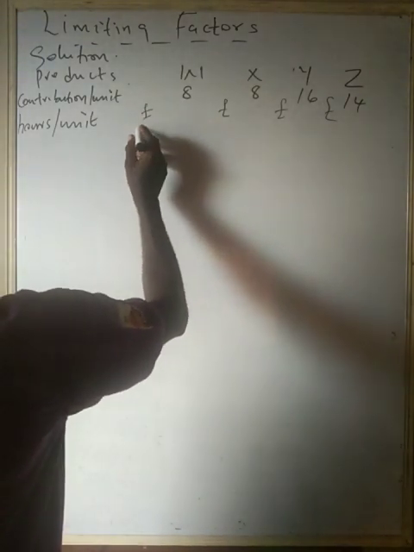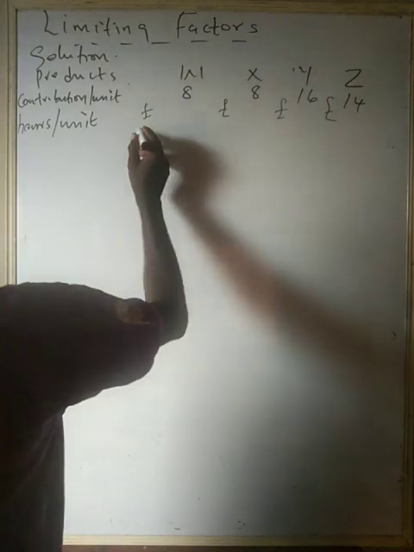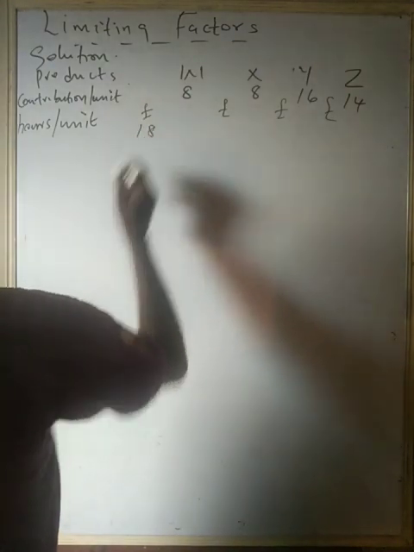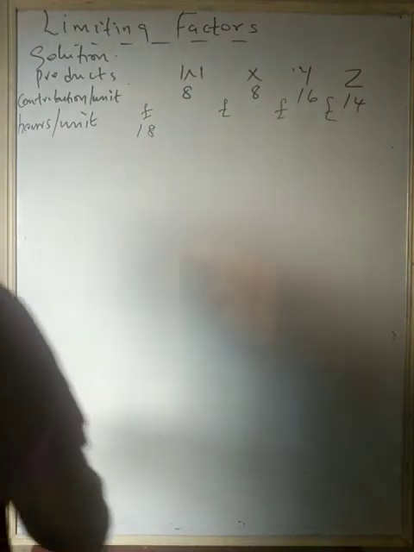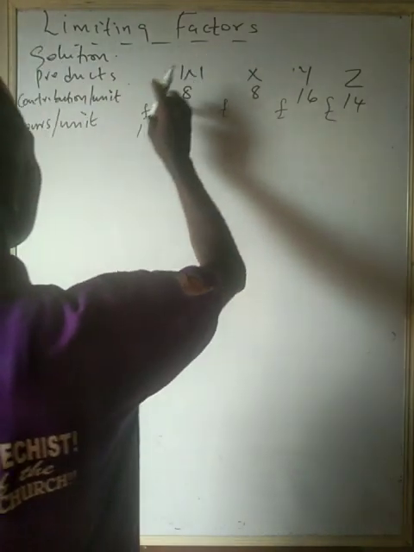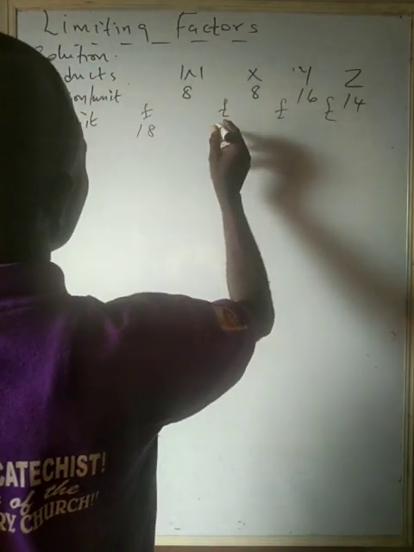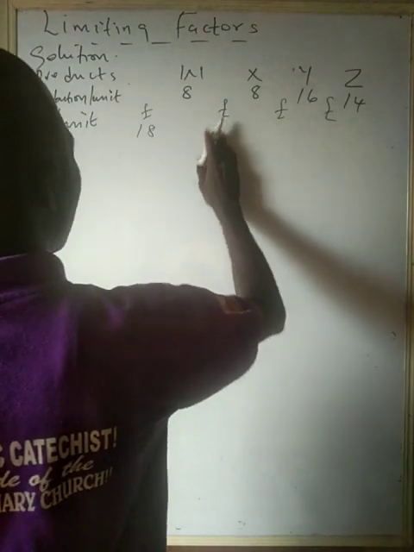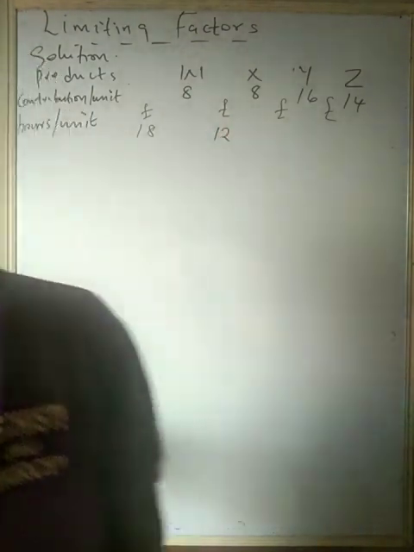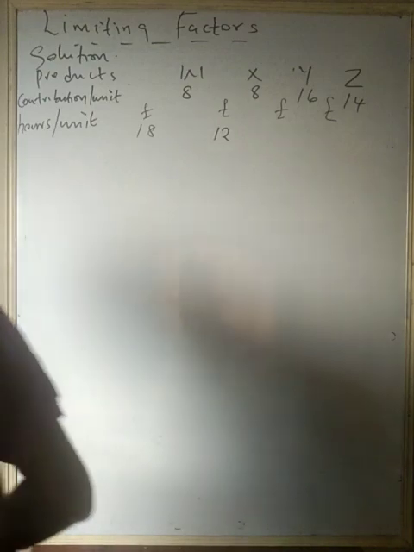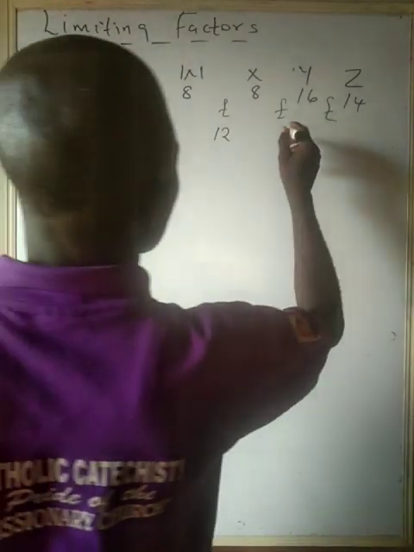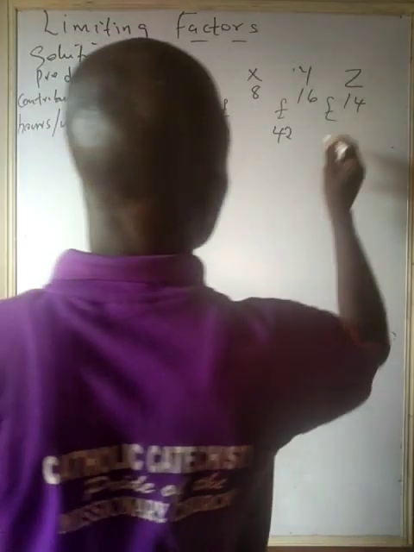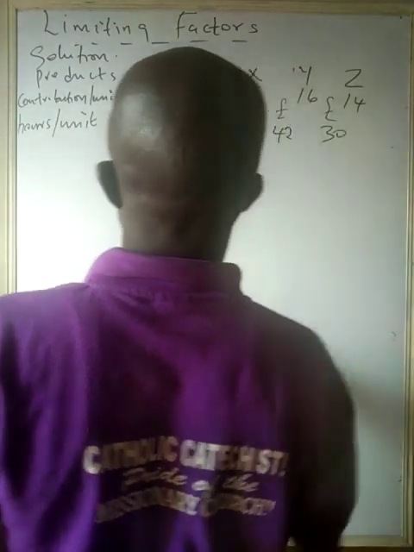For product W it is 18, for X it is 12, for Y it is 42, and for Z it is 30.